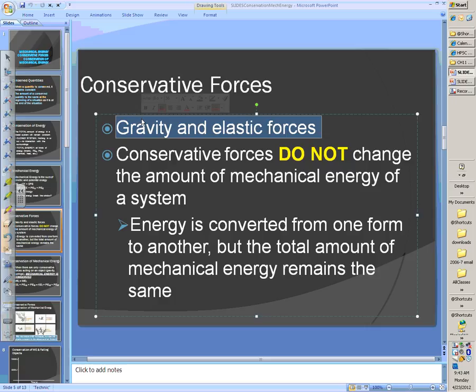How are they different from other forces, at least from an energy standpoint? It's up on the board right now. So they don't change the actual amount of energy, but they will change one form of energy into something else. Okay? All right, so let's apply to our lab.